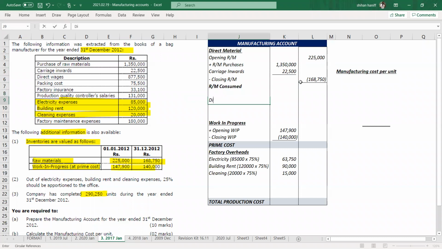Direct wages 877,500. Packing cost, I told you, will be treated as other direct expenses, 75,500.